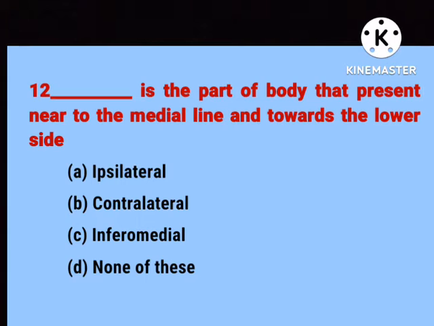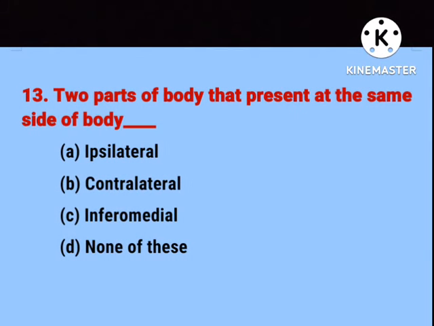Dash is the part of the body that is present nearer to the medial line and towards the lower side. Two parts of the body that are present on the same side of the body are known as: A. Ipsilateral, B. Contralateral, C. Inferior-medial, D. None of these.